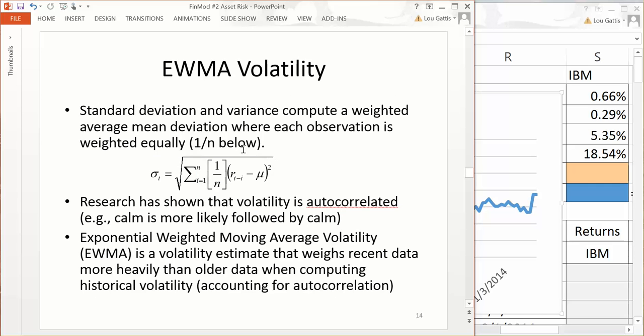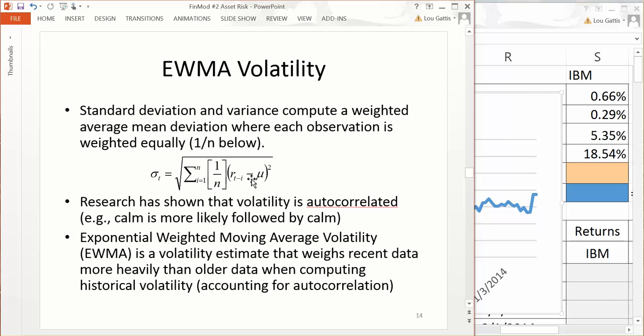All right, remember, this is our formula for standard deviation. It's the square root of the variance. Variance, in our case, we took 130 returns of IBM, subtracted its mean in each period, squared it. That was our column we created. And effectively, for 130 observations, we just multiply each observation by 1 over 130. So each observation is weighted about 0.8%.